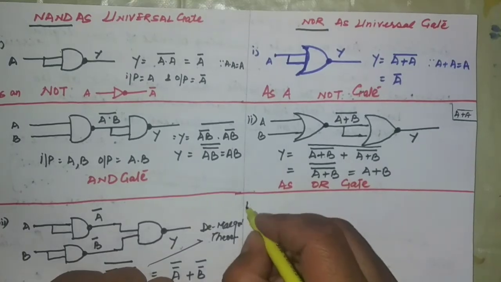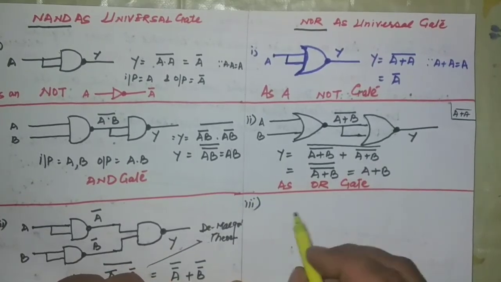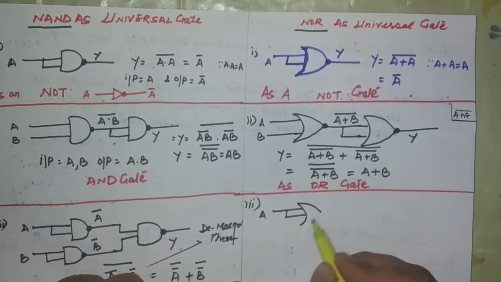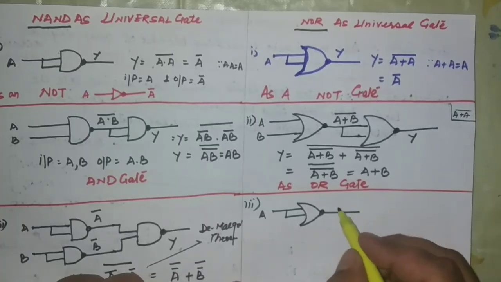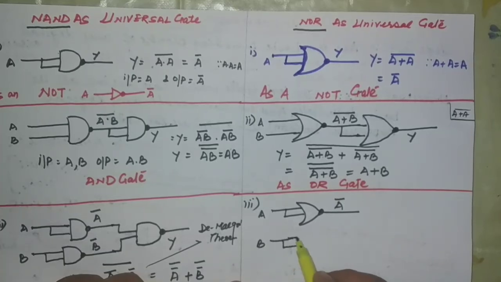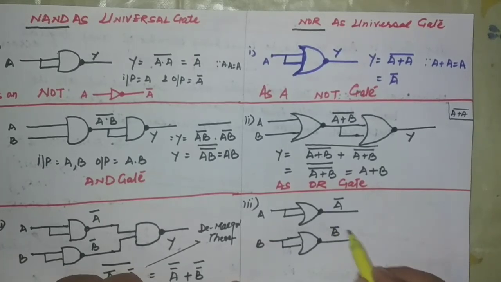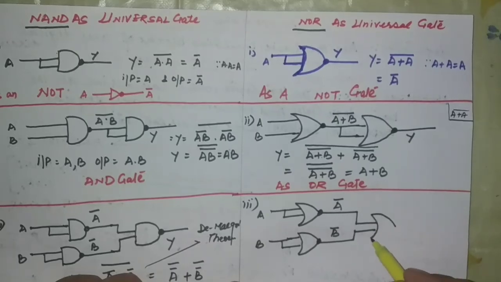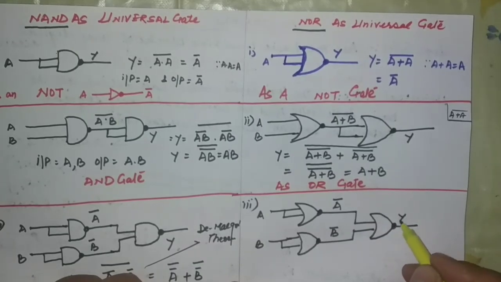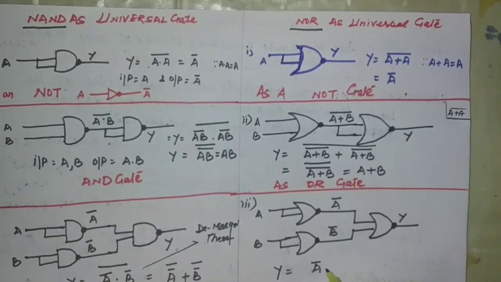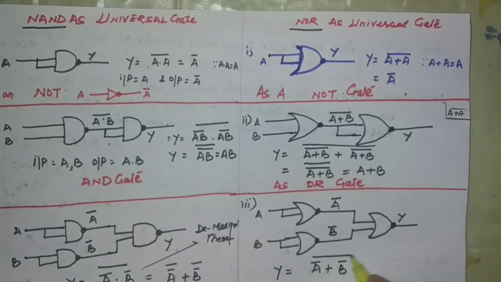Now third one, same arrangement. A, NOR gate, we will get here A complement, B, again NOR gate, B complement, again NOR gate. Output is Y. We will write Y is equal to A bar plus B bar complete bar.